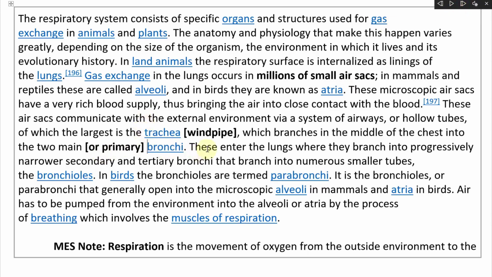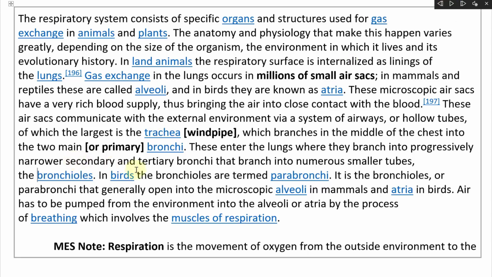These enter the lungs where they branch into progressively narrower secondary and tertiary, or third, bronchi that branch into numerous smaller tubes, the bronchioles.